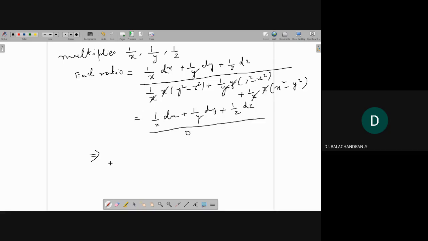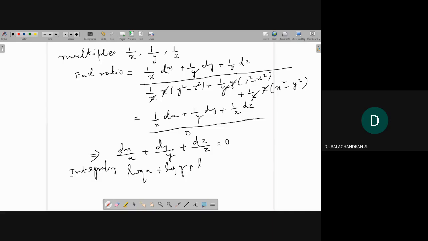And hence the numerator dx by x plus dy by y plus dz by z is equal to 0. So if you integrate this, log x plus log y plus log z equal to some log b.